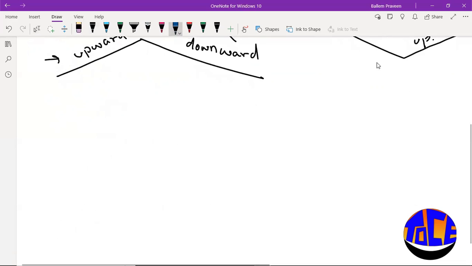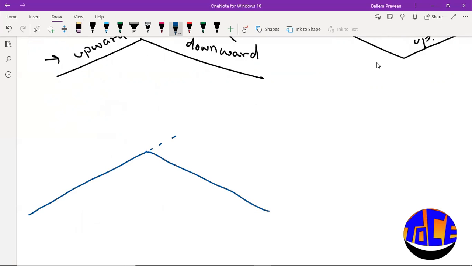Let us see how the summit curve and valley curve look. As I told you, in a summit curve, an upward gradient will meet a downward gradient. The upward gradient is represented with plus n and the downward gradient with minus n. This is called the deviation angle, or difference in gradient.